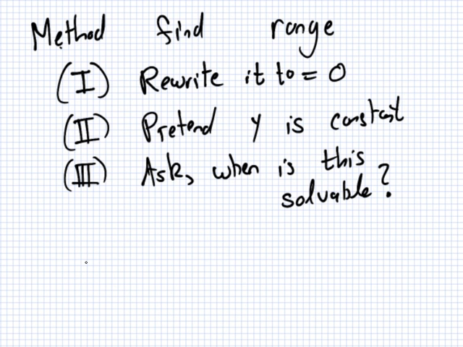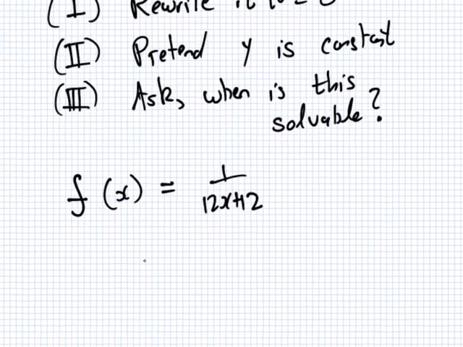So let's use the example f(x) equals 1/(12x + 12). Okay, so we write it as an equation that equals 0. So what I mean is you rewrite it like this. First you say y equals 1/(12x + 12).